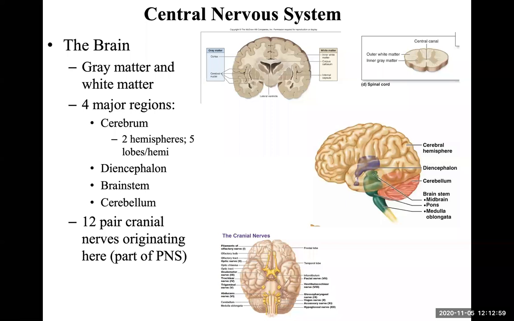As far as the functions of those 12 cranial nerves go, for both lab and lecture, you are going to need to know those 12 nerves. We number them using Roman numerals and the acronym CN, which is cranial nerve. So CN Roman numeral 1, CN Roman numeral 2, 3, etc., all the way up to 12.